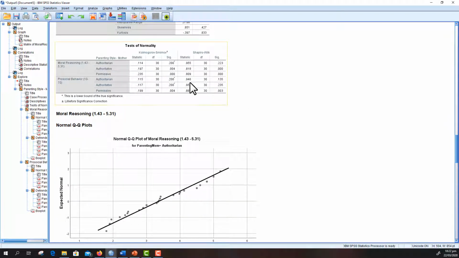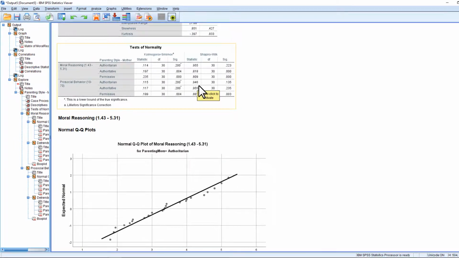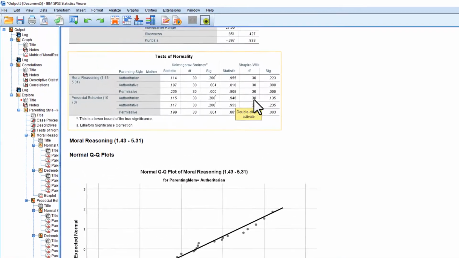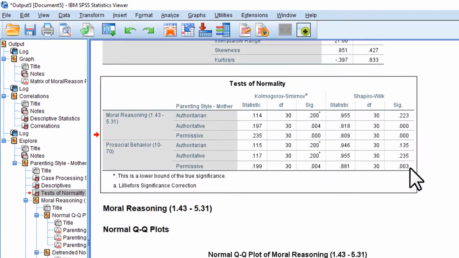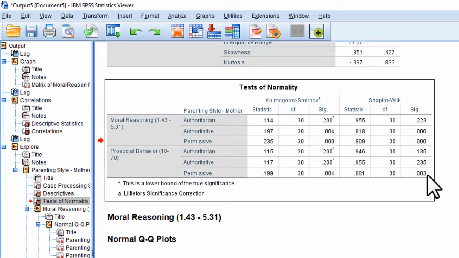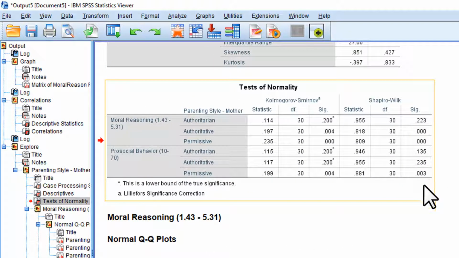In terms of normality, we know that we are looking for a non-significant result. A non-significant result means that the distribution is not significantly different from a normal distribution. And a significant result means that the distribution is significantly different from a normal distribution.